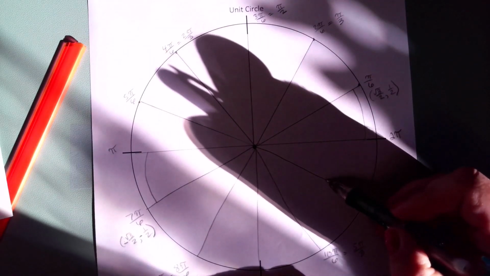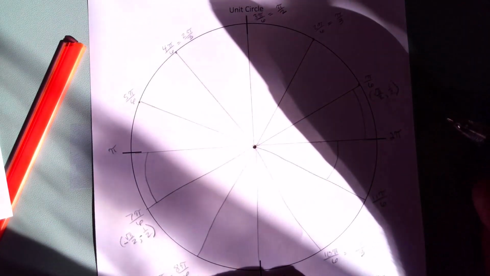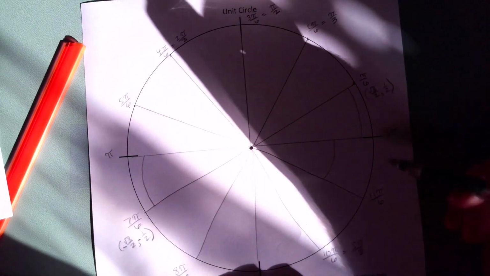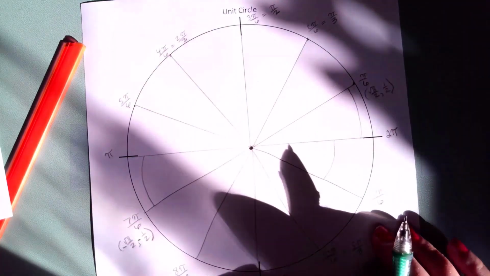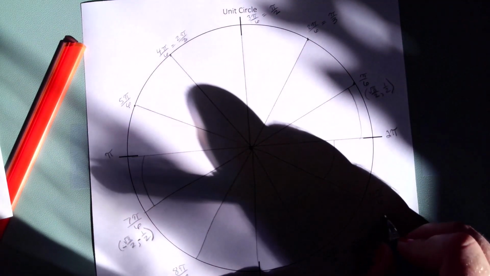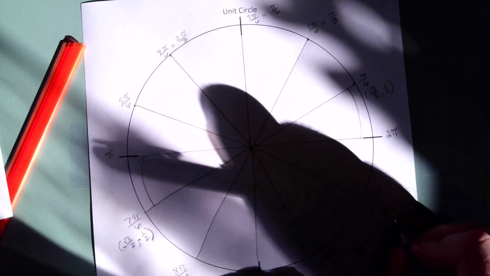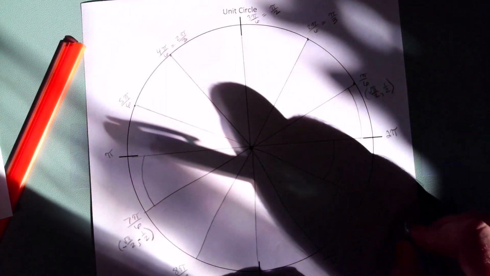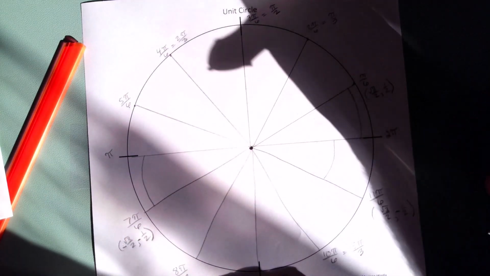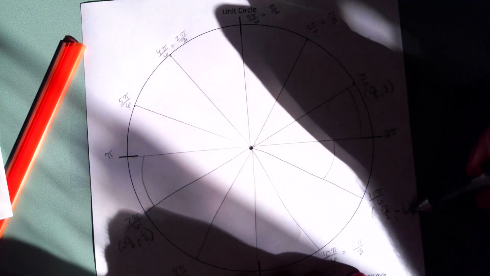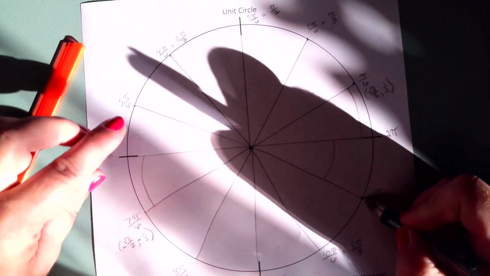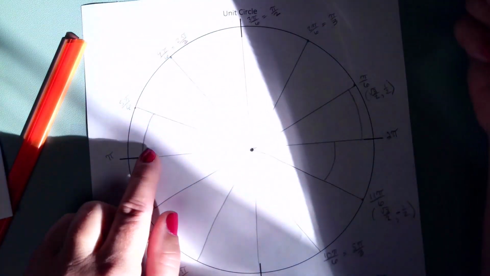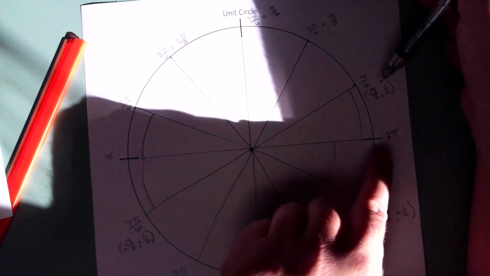Again, 11 pi over 6, it just takes one more pi over 6 to get back to the x-axis. So pi over 6 is the reference angle for 11 pi over 6. That means its coordinate is also going to be square root 3 over 2 comma 1/2, except that the y is going to be negative because we had to go down to get to that point there. 5 pi over 6, it takes just one more pi over 6 to get to the x-axis.